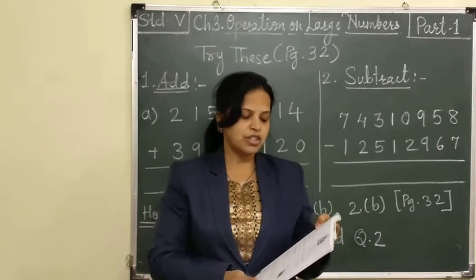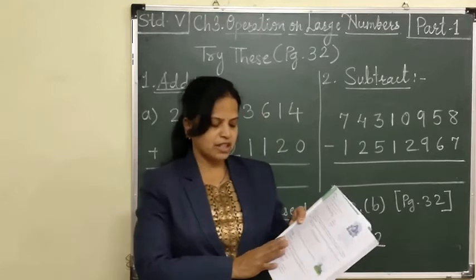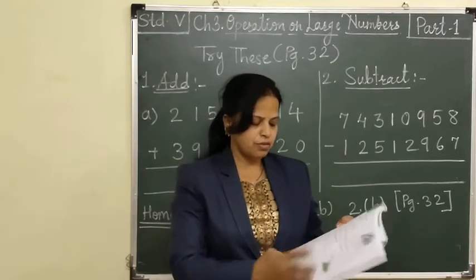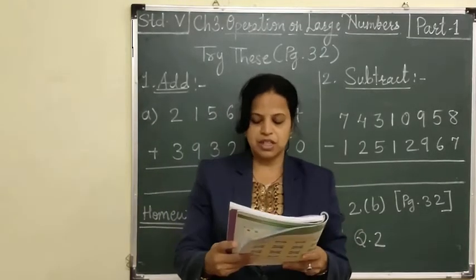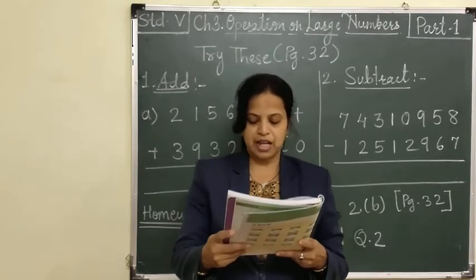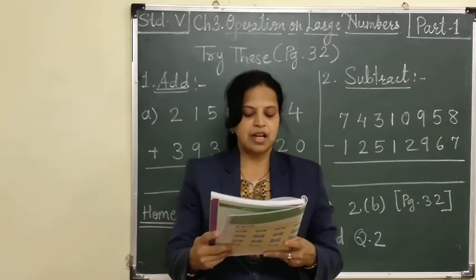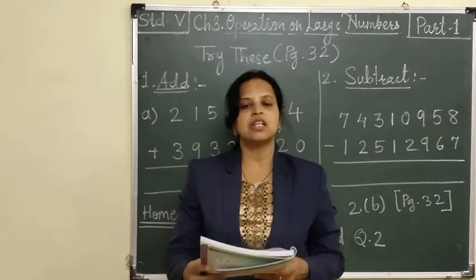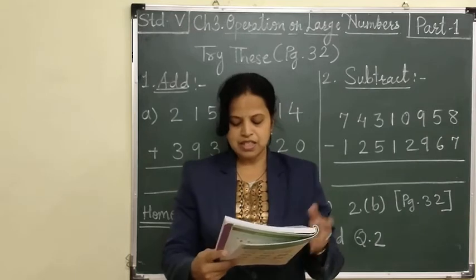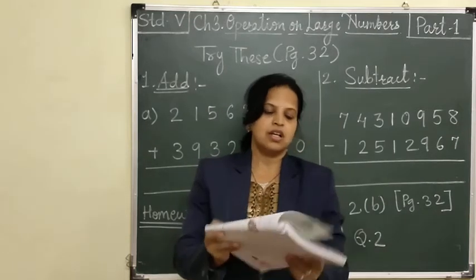The result of addition is called the sum. In the same way, in subtraction, the larger number from which we subtract the smaller number is called the minuend. The smaller number which is subtracted from the larger number is called the subtrahend. The result of the subtraction is called the difference. These are the terms related to addition and subtraction.